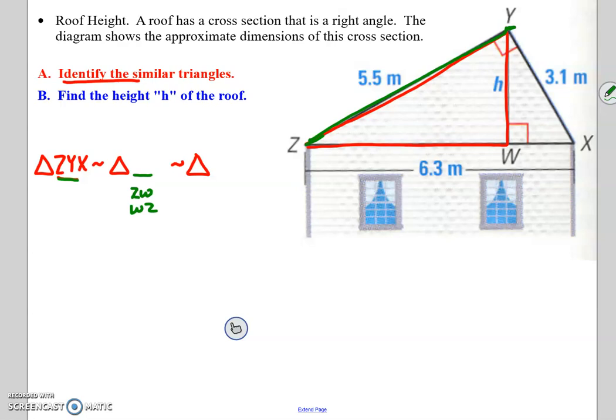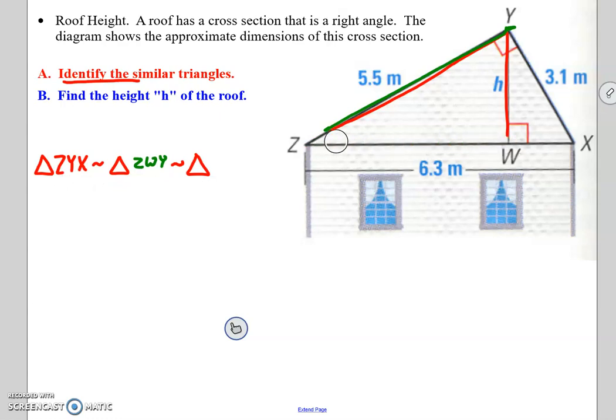So I want to do that in the same way in my shorter triangle. When I'm looking at ZW, I'm going from Z, which is near the hypotenuse, and going to the short leg. Okay, so I will call this ZW. And then obviously the last letter there has to be Y. So that's kind of the process that I'd want to use to think through how I'm labeling these different triangles.